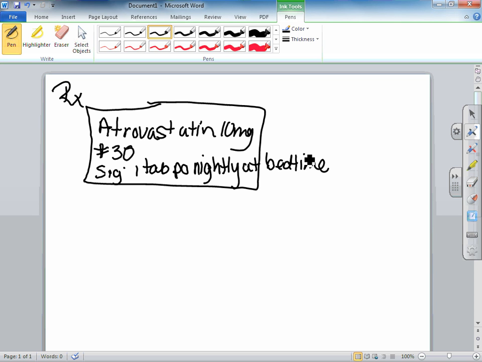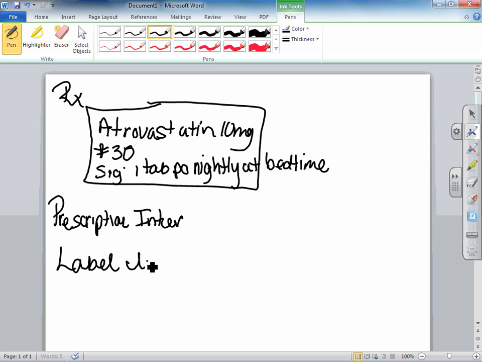And right up under there, it says prescription interpretation. All right. And then it also says label instructions. I'm only going to write this one time so you guys can kind of follow me.